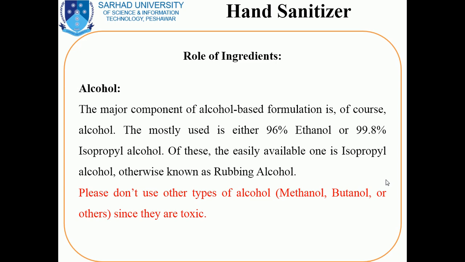Both are alcohol, but one is ethanol, that is ethyl alcohol, and the second one is isopropyl alcohol. Isopropanol is another name for IPA or isopropyl alcohol. Of these, the easily available one is isopropyl alcohol, otherwise known as rubbing alcohol.